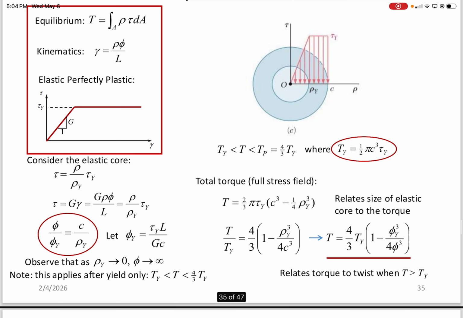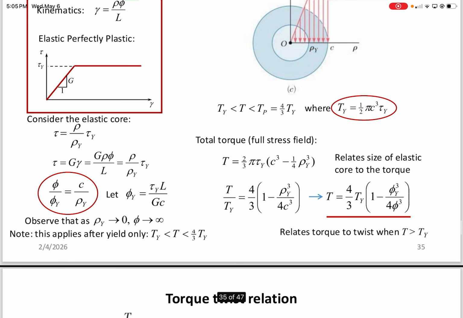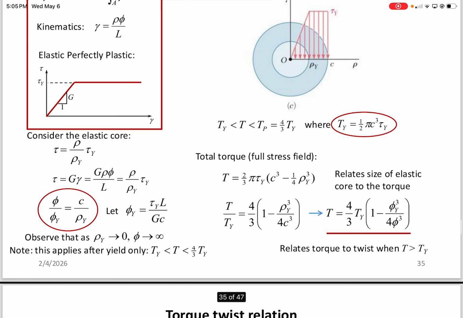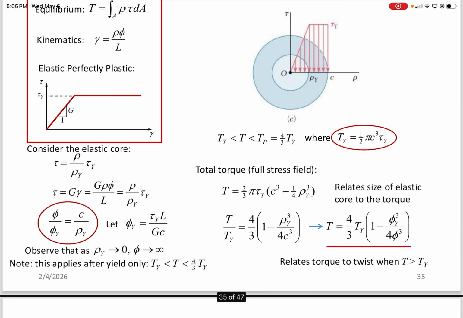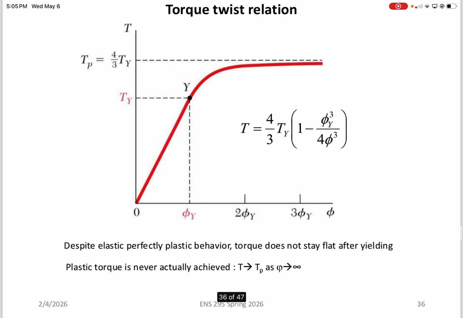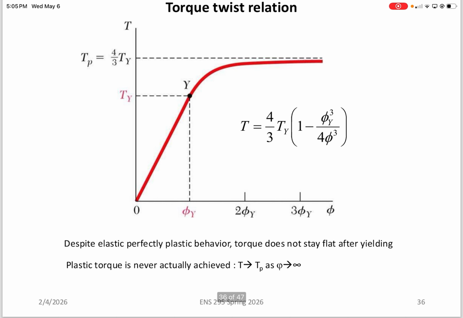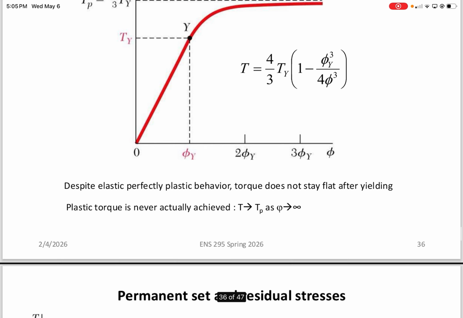And then, of course, we derived equations for calculating the torque with respect to the angle of twist, and the relationship between the angle of twist and the angle of twist that would cause yielding. This ratio allows us to develop a plot, which shows that the torque is about linear up until the yield point, and then it behaves inverse cubically once you pass the yield point.